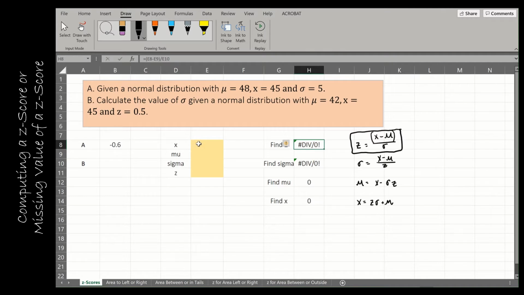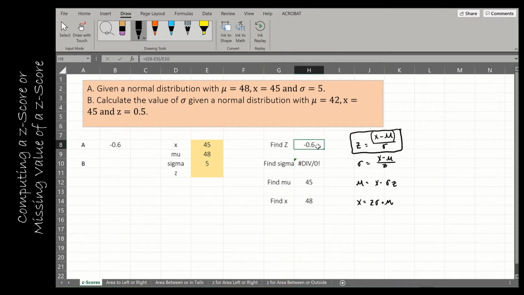So E8 is x, E9 is mu, and I'm taking the difference of that divided by sigma. So again, why did I do that? Because now I can say, okay, if this is 45, and this is 48, and this is 5, all I had to do is input the values and Excel did all of the work for me because I was smart enough to come up with that formula.